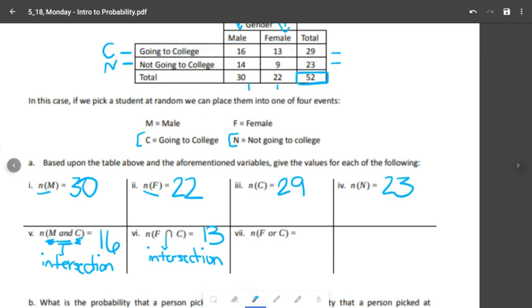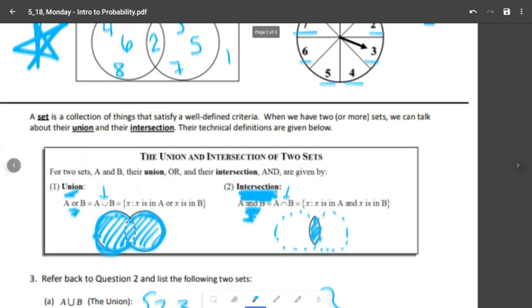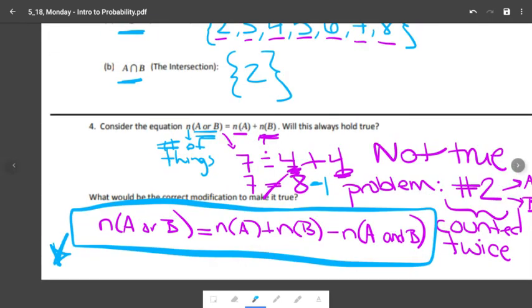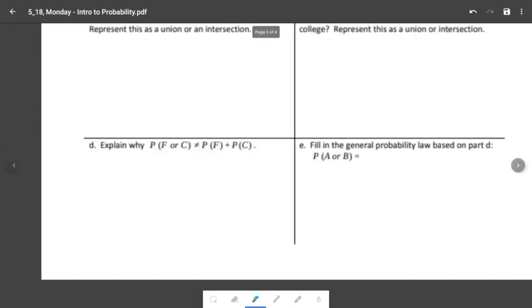And then last, the number of students that are female or going to college. So again, if you remember, at the end of the last page, we came up with a formula to figure out this number.